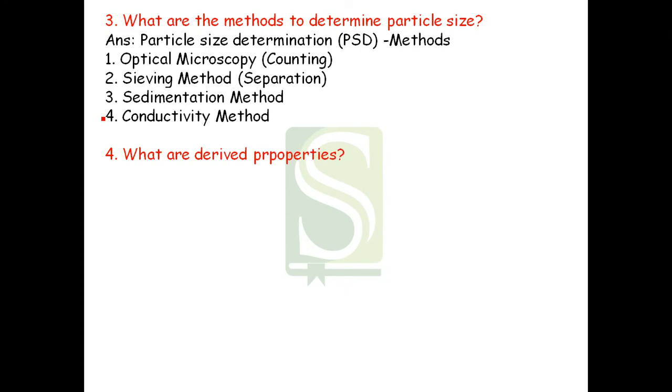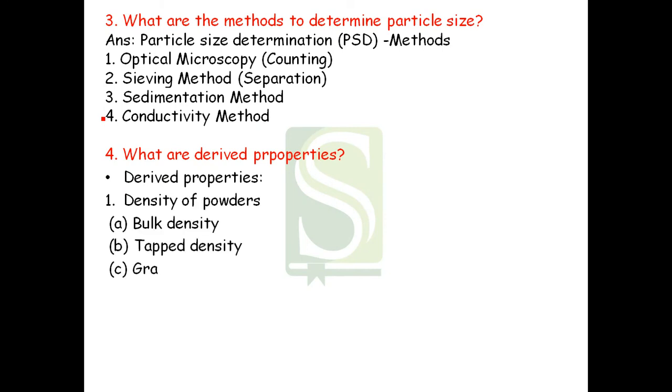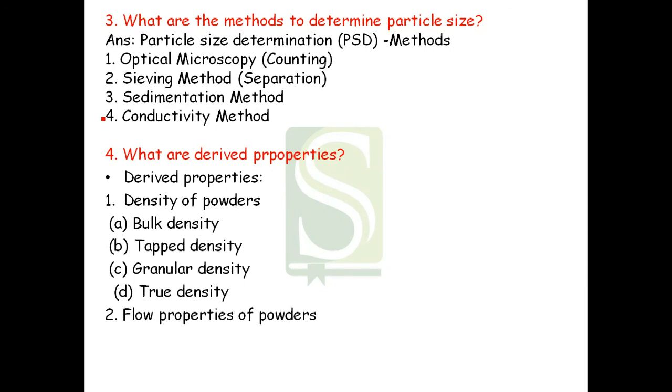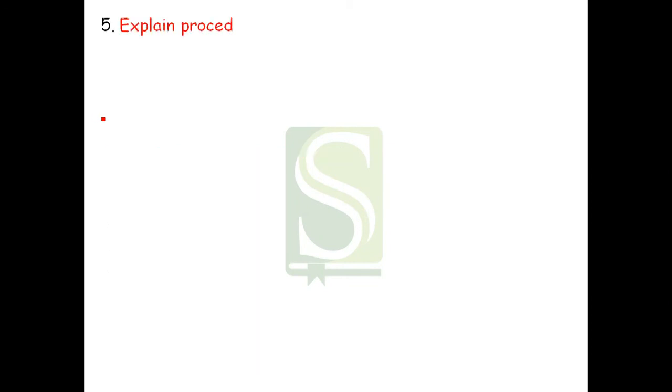Then the next question most commonly asked is, what are derived properties? You just have to enlist the derived properties. It consists of the density of the powder, which includes bulk density, tap density, granular density, true density. Then it also includes the flow properties of the powders, its porosity, bulkiness, etc.